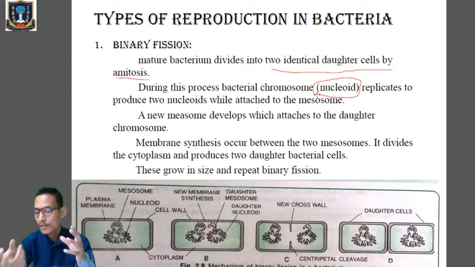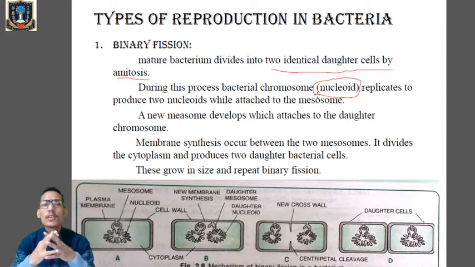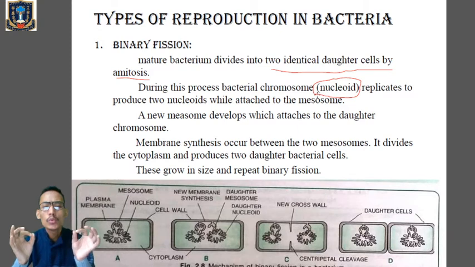But in case of bacteria, they don't have a well-defined nucleus. So the genetic material will be present in a structure known as nucleoid. Therefore during binary fission in bacteria, the bacterial chromosome, that is the nucleoid, replicates to produce two nucleoids while attached to the mesosome.